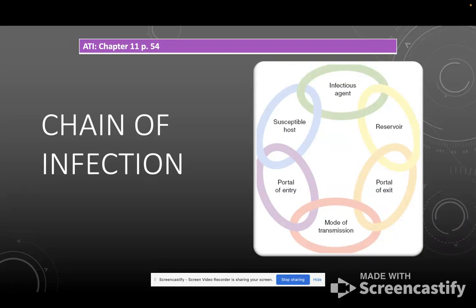So, for example, your infectious agent, that's going to be the germs or the pathogen. You have to have that in place for it to get spread anywhere. So you have the germs, then you have the reservoir, where the germs live.